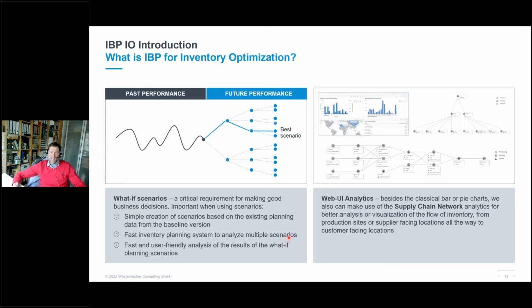On the right-hand side, you see the little analytics. We will see some of these analytics in the system in a minute. So that is a rough idea of what IBP is and what functions can be covered with it, and we just pick out one piece of that and make use in eSPP of the multi-echelon optimization.